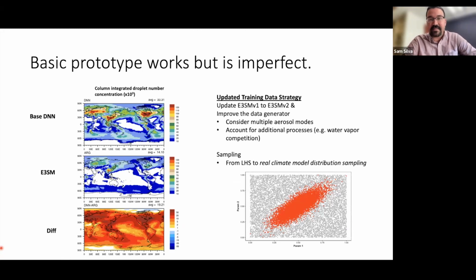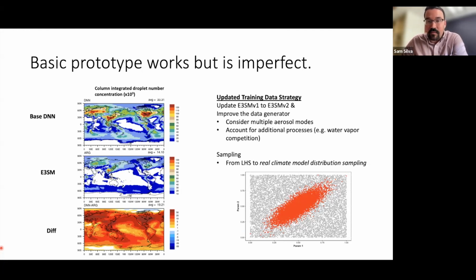First, we updated E3SM to the latest and greatest version of that model and improved the generator of data to consider multiple aerosol modes, whereas before we were just considering one type of aerosol, ammonium sulfate, and to account for additional processes in our emulation target. So for the detailed and slow model, we're now adding additional processes to help account for all of the physics that we want to have contained there.